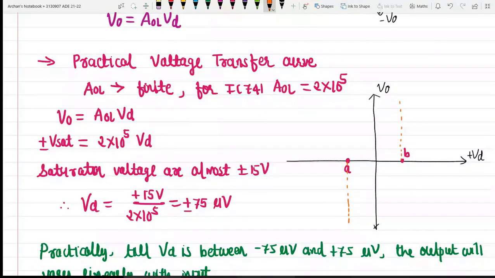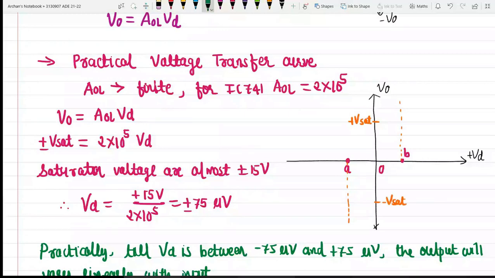Okay, so if I increase the input value from 0, let me set this saturation voltage plus V set, and this is negative V set. Now I am increasing the voltage from 0 to 75 microvolt.